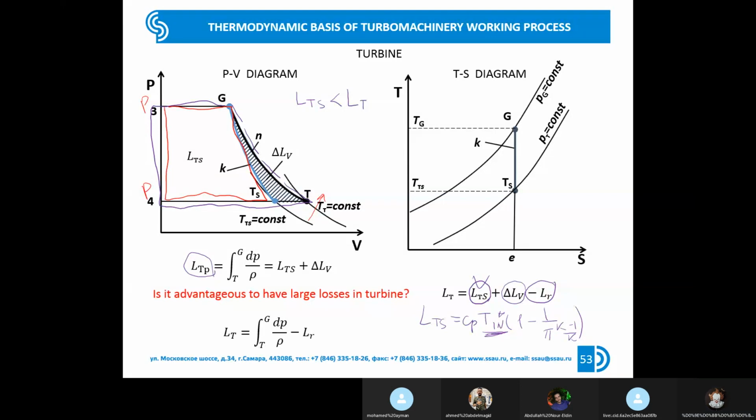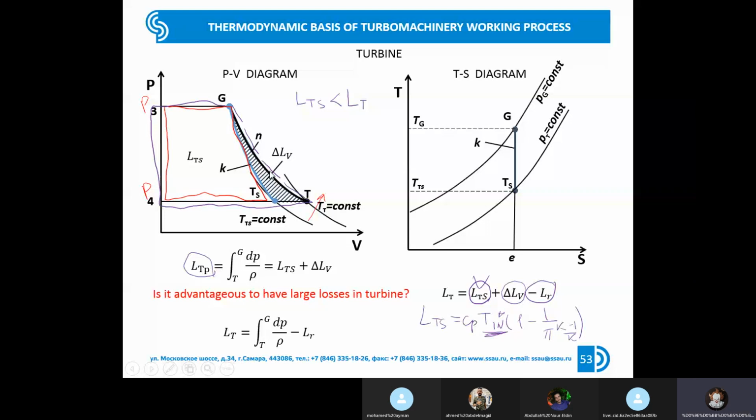It's the second reason for the reduced efficiency. And the relationship between the ideal expansion in the turbine and the specific work which we finally receive in the turbine, to understand it we use the TS diagram because we need to know the value of losses, and we know it from the PV diagram.